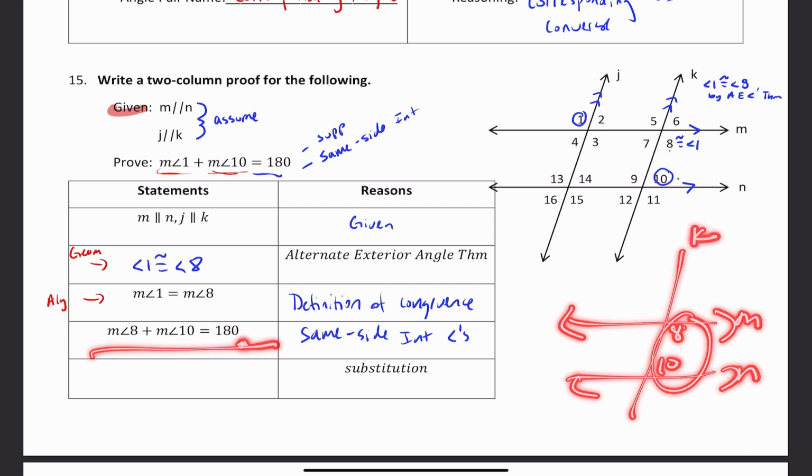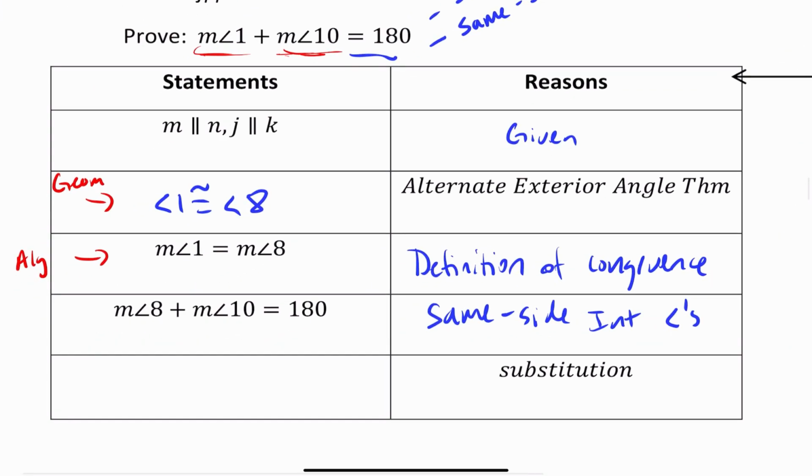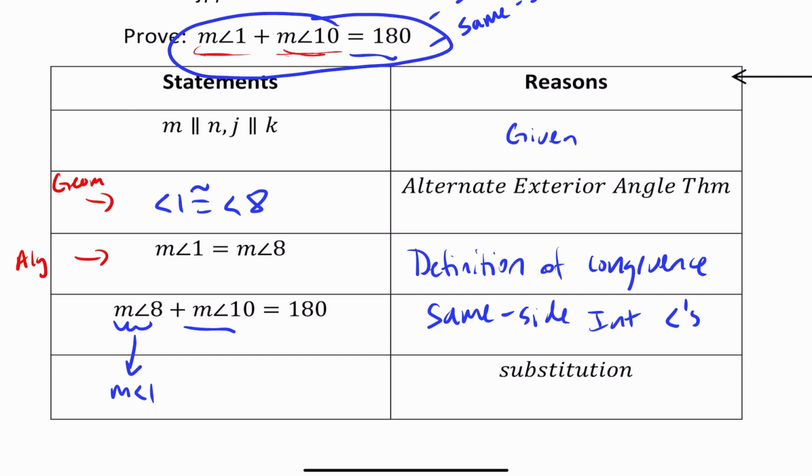But my goal now is to prove that the measure angle 1 plus measure angle 10 is equal to 180. But y'all, we said that measure angle 1 is measure angle 8, or vice versa. So all I had to do in this proof is replace that measure angle 8 with measure angle 1, and then leave everything else intact.